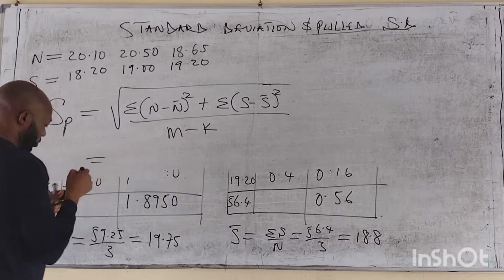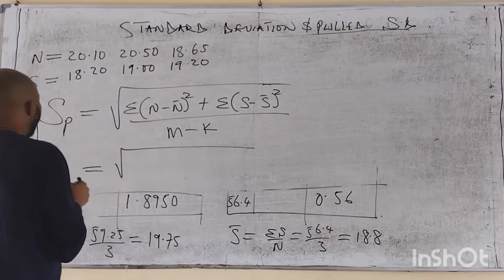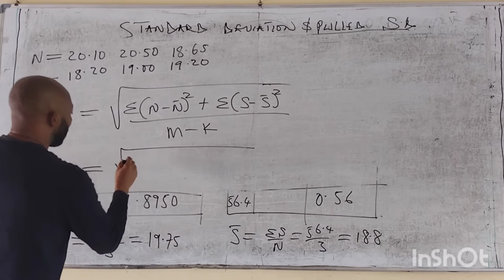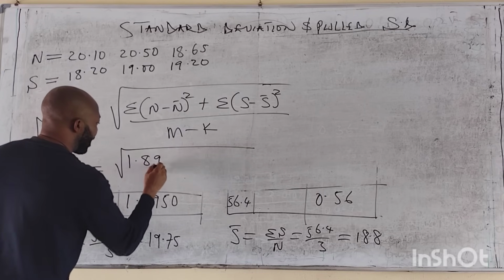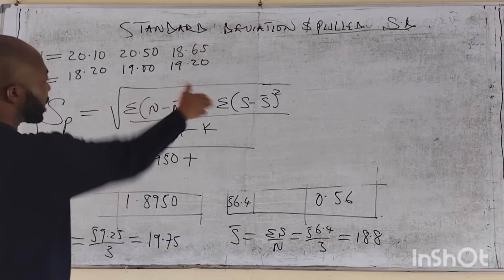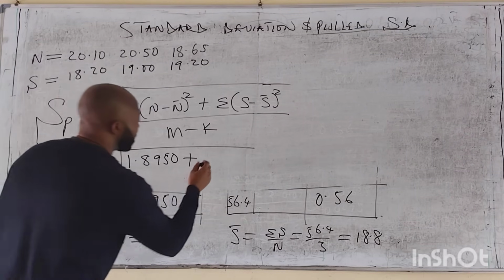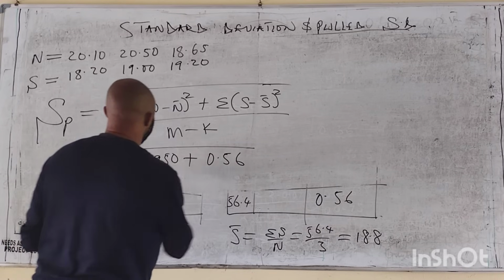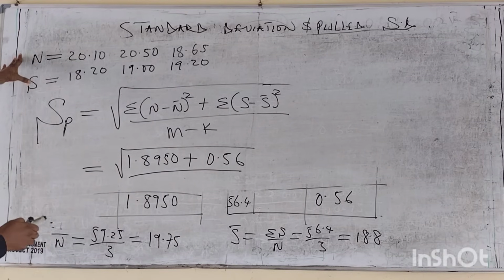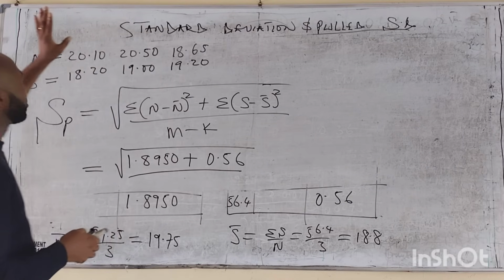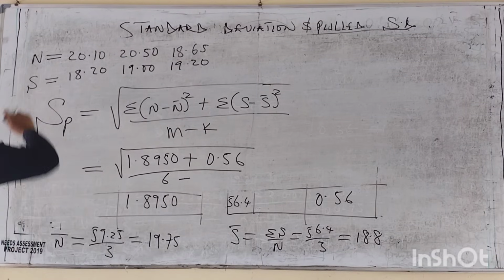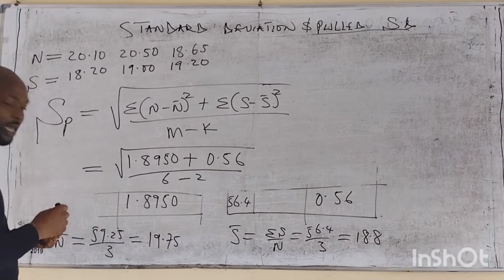This is equal to the summation for the new method, 1.895, plus that of the standard method, 0.56, all over N minus k. We have two sets of data with 6 variables in all, so our N is 6, minus the two sets of data, 2, for N minus k.